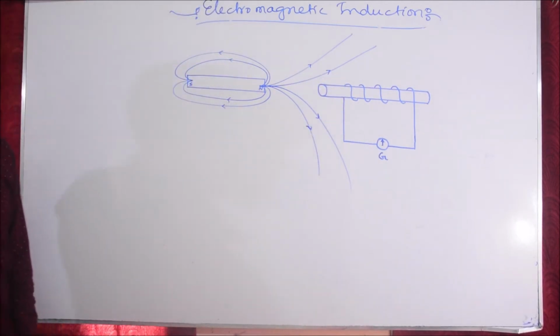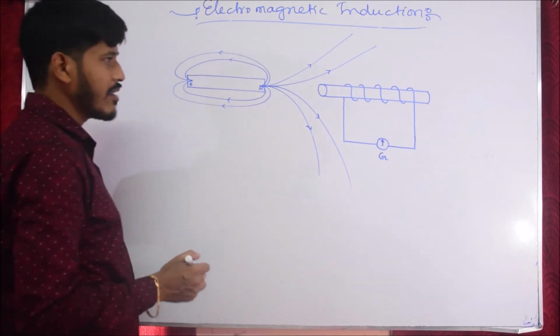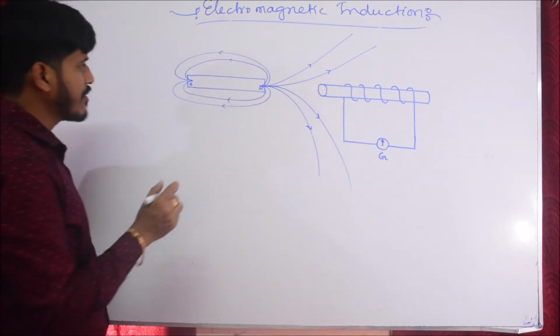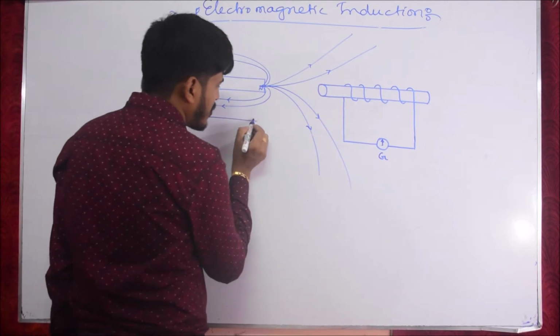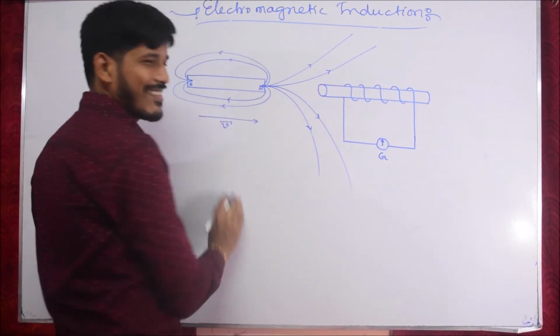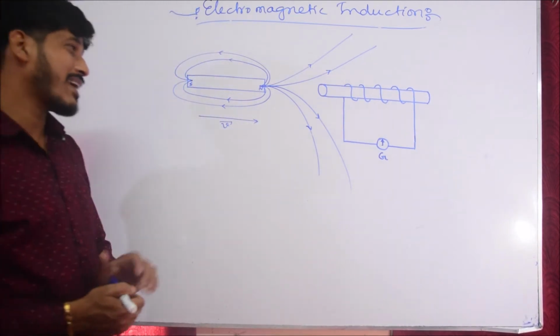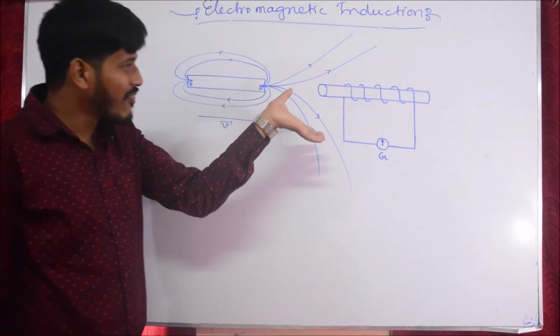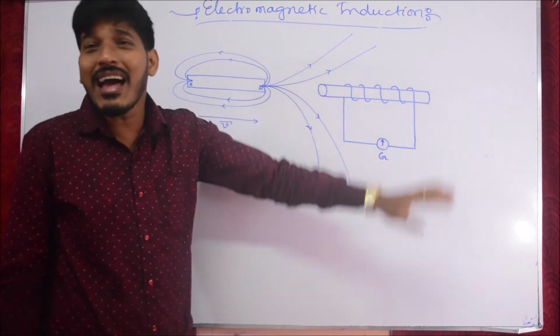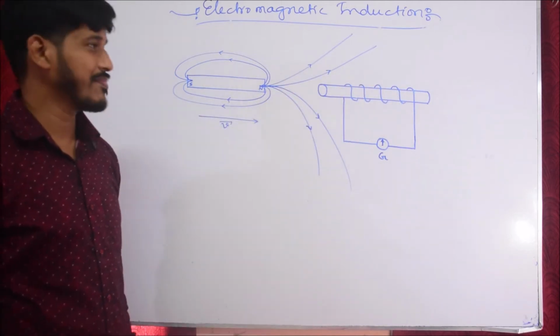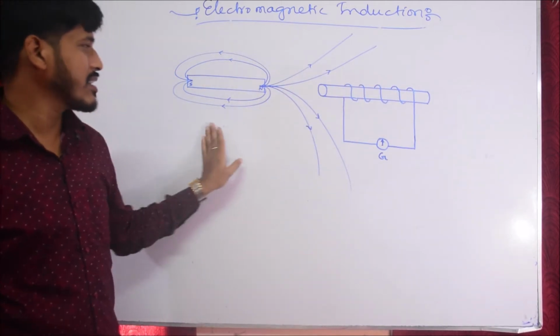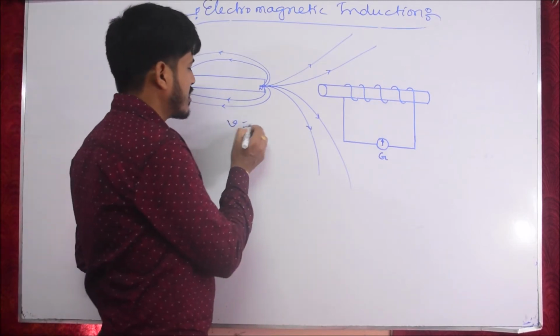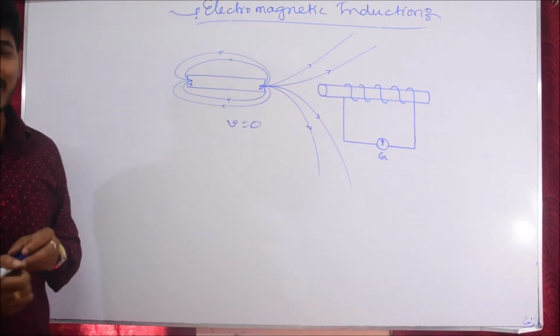Now, we see, if we move the magnet towards the coil, the magnetic flux linking the coil will change. Suppose I am not changing the position of the magnet.